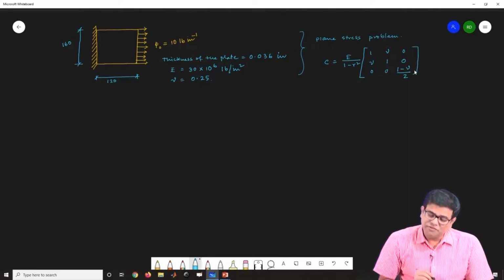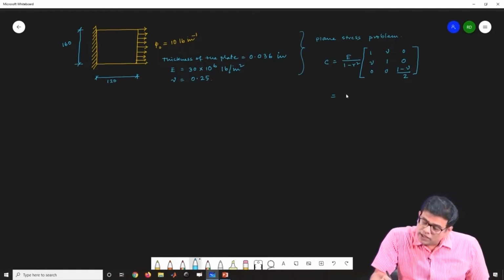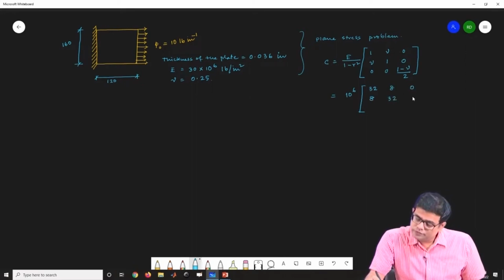If I put in these values, I can compute the constitutive matrix. Taking 10 to the power 6 outside, it looks like 32, 8, 0; 8, 32, 0; 0, 0, 12.